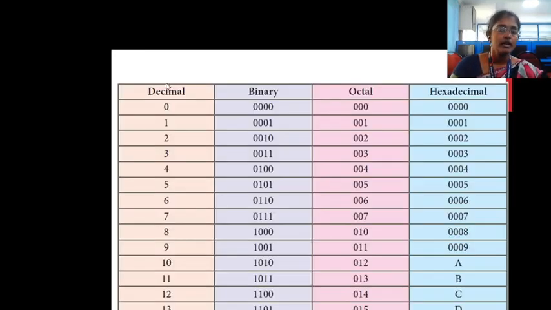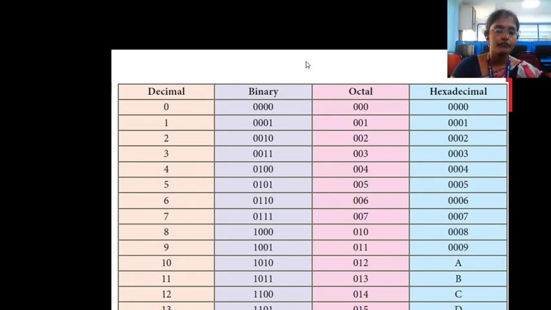Here is the table for representing the numbers in all four different number systems, that is decimal, binary, octal and hexadecimal. If you put 0 in decimal, in binary it is represented as 0000, because the pattern for representing binary numbers is 8, 4, 2, 1.